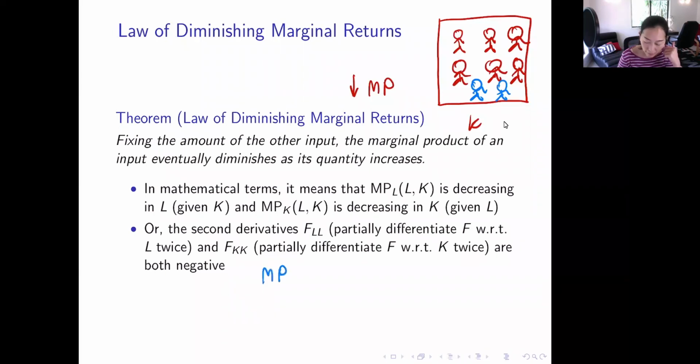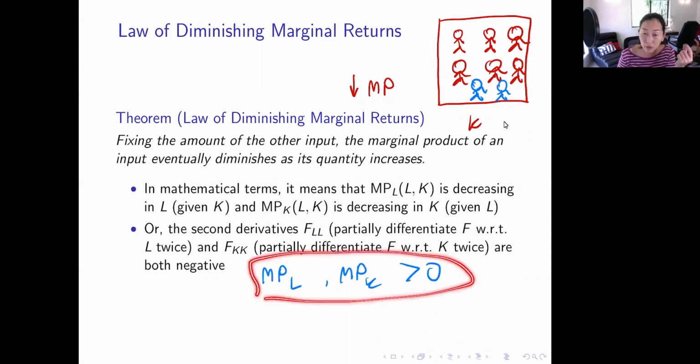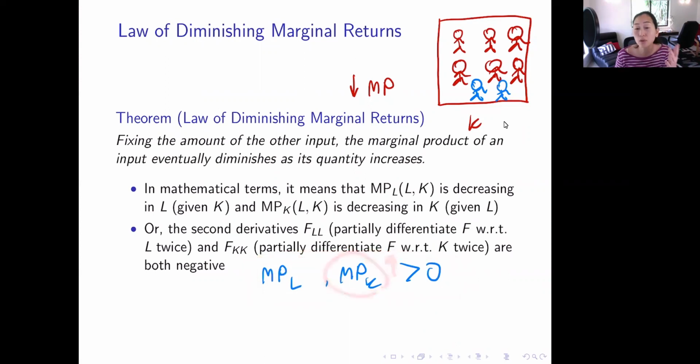We know that MPL and MPK must be positive. That means when you increase 1 unit of labor, your total product will increase, or when you increase 1 unit of capital, total product will increase. That means a positive value of the marginal product of labor and the marginal product of capital.